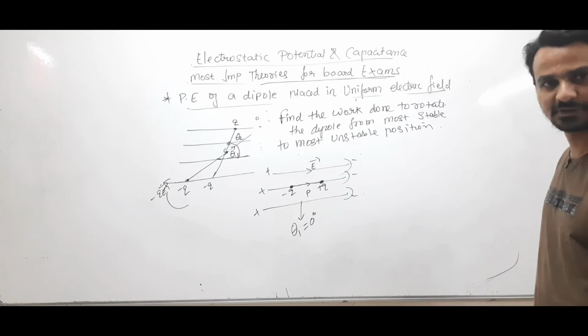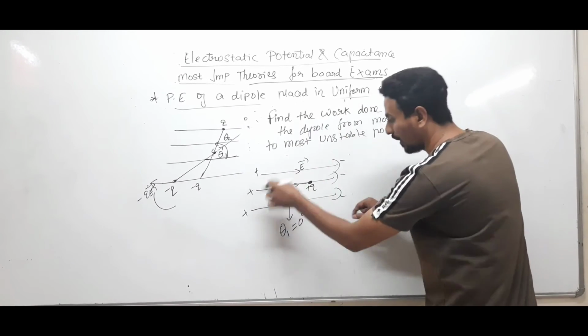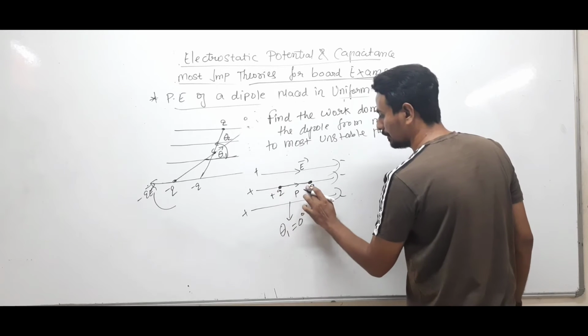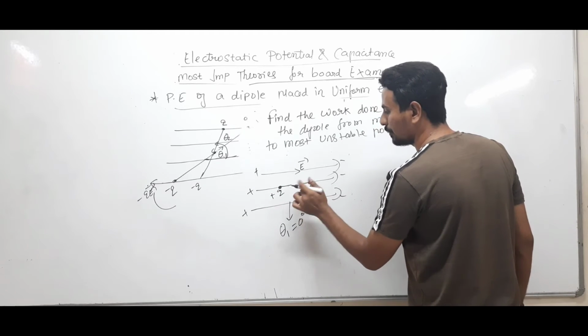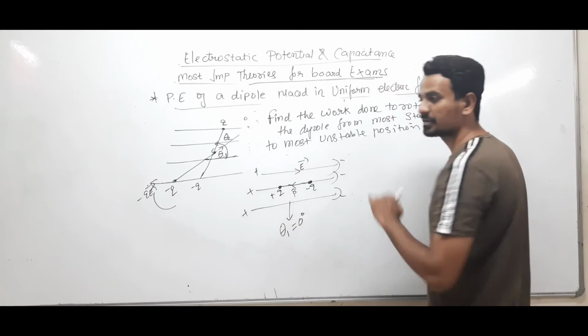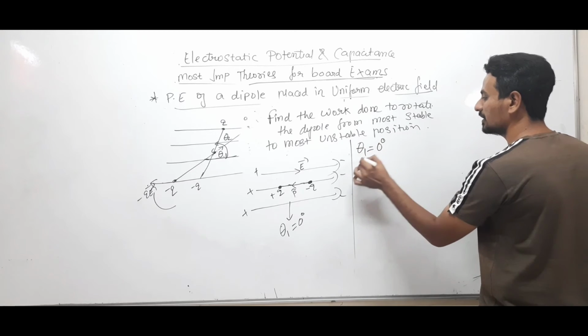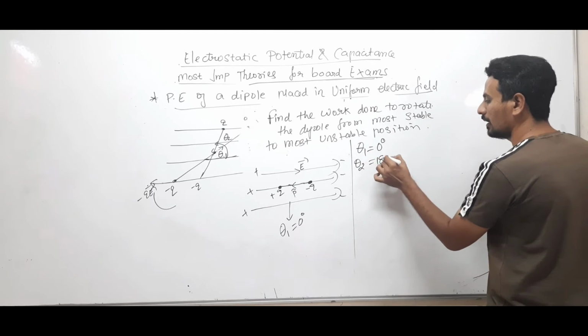This is the most stable position. But if I am rotating it by 180 degrees, so this will be plus, this will be minus, right? Dipole moment will be in this direction. Now this is the most unstable position. So when theta 1 is 0, stable position, theta 2 is 180, unstable position.